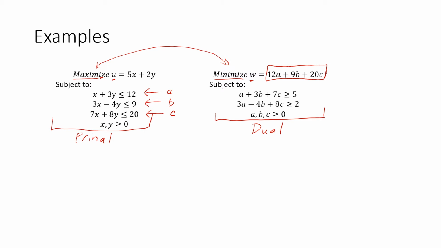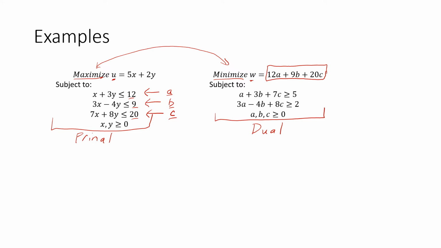Look at the right-hand side of our constraints. So the new coefficients in our objective function, we get them from the constraint values in our primal program.